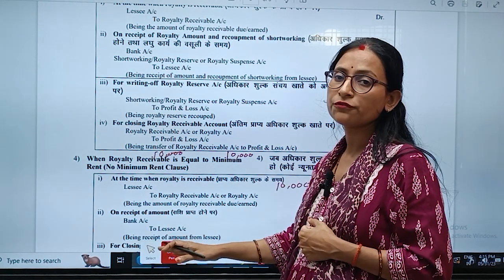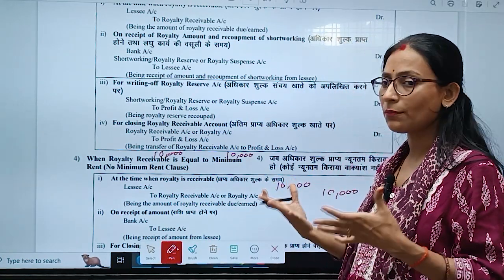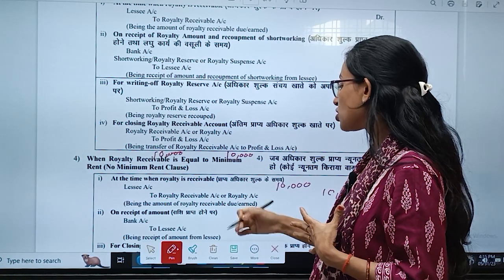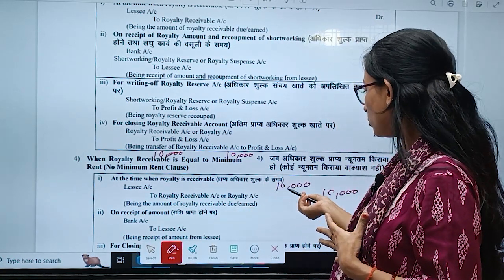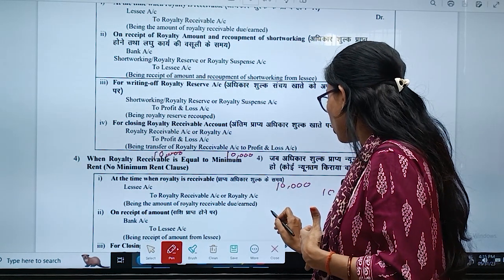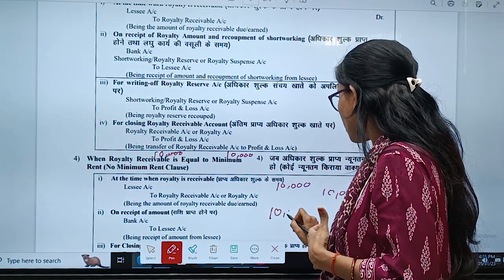Next entry will be the received entry, meaning that amount has been received by the landlord. How much will he receive? The whole due amount he is going to get paid, so it is 10,000.